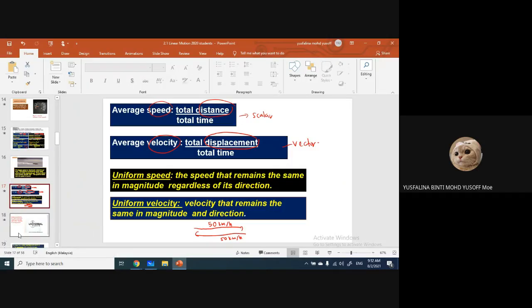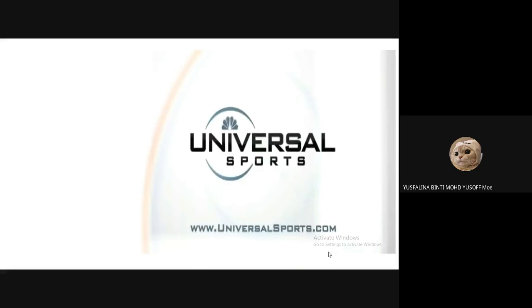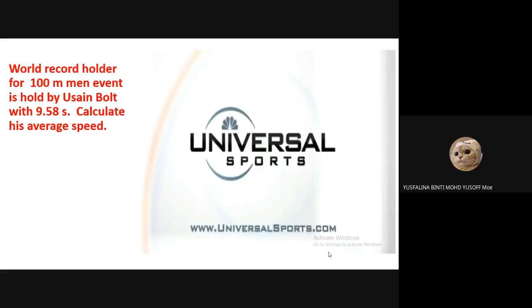Alright, so let's see the first example. The world record for the 100-meter event is held by Usain Bolt, with 9.58 seconds. So calculate the average speed. What is the formula for average speed? For physics, train yourself to write the formula before you calculate something. Show your formula.